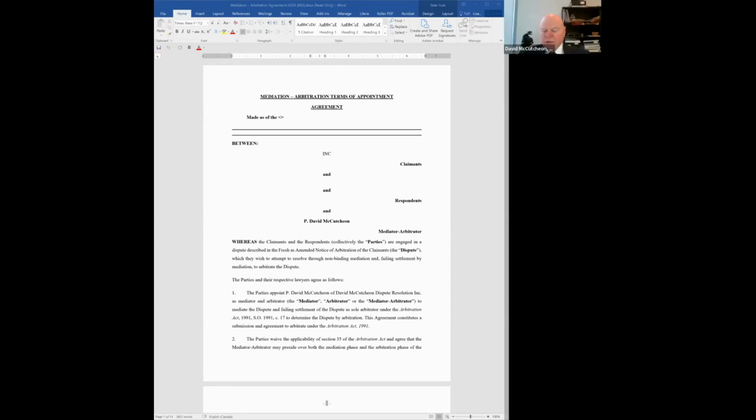In real life, a lot of these start as an arbitration. And the reason for that is you want to stop the running of the limitation period. You need a firm date to start and immediately then go to mediation. In a lot of cases that I've been doing recently, there are discrete issues involved in the case, and you can sequence the issues through a mediation and arbitration process going back and forth.